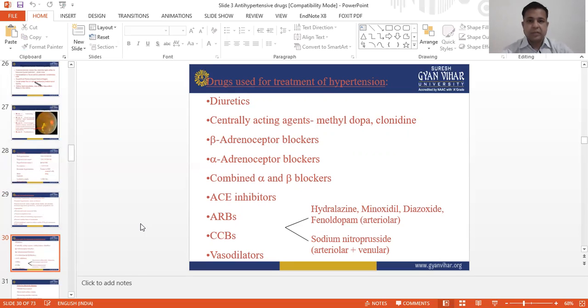Apart from angiotensin receptor blockers, there are calcium channel blockers and vasodilators.